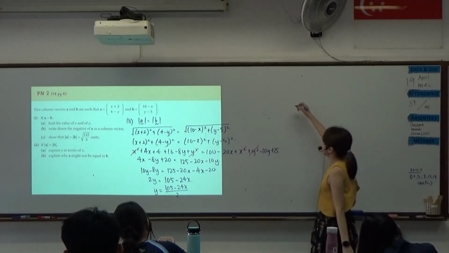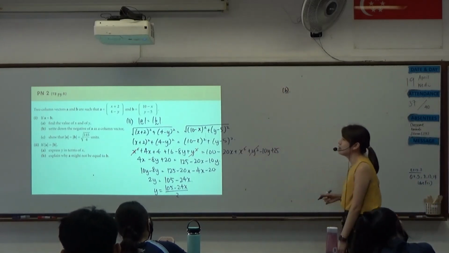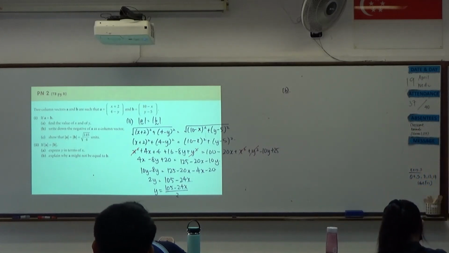And then, as mentioned earlier, when two vectors have the same magnitude, they may not actually have the same direction.